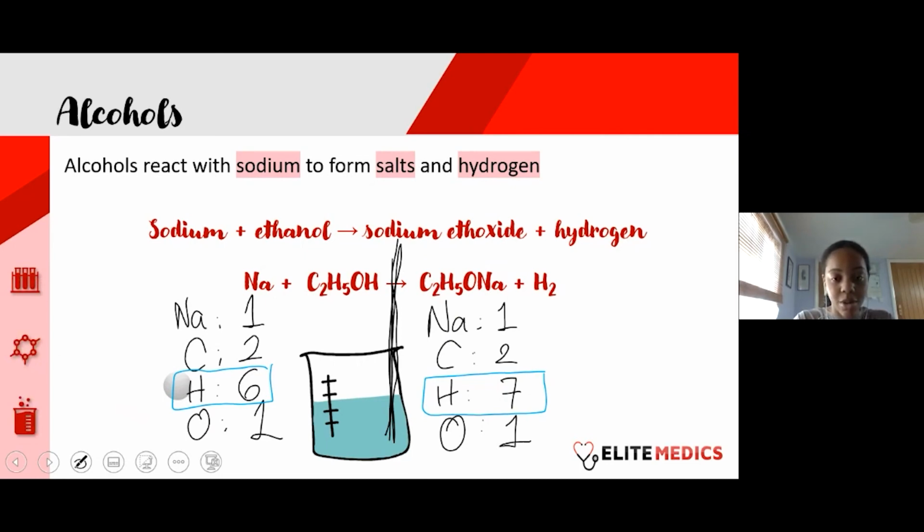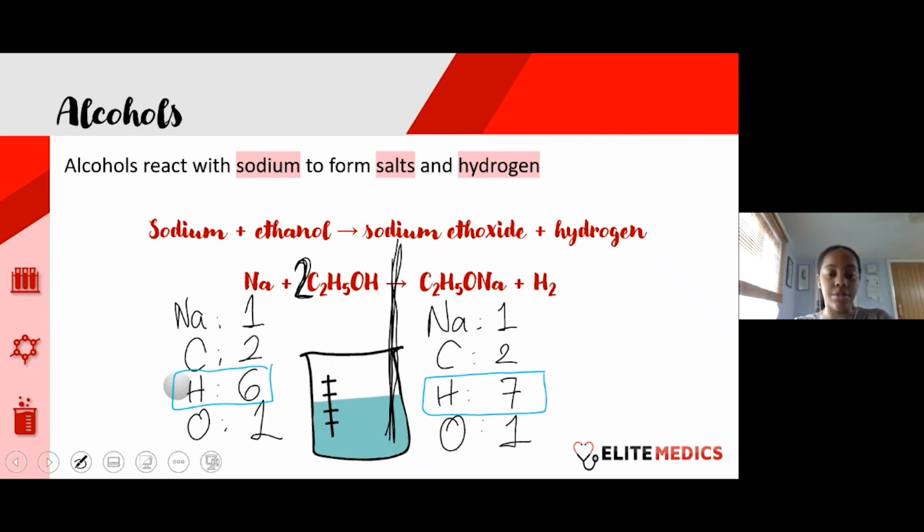But what we're actually going to do is put a big 2 in front of our ethanol, okay? Like I said, it's going to involve a bit of recounting, but don't get too bogged down by this. Thankfully, this kind of equation you will unlikely need to balance in your exams, so don't get too bogged down by this. But I thought it'd be nice for you guys to roughly see how this shopping list method works so that you guys can use it, even though this is a slightly harder equation, okay?